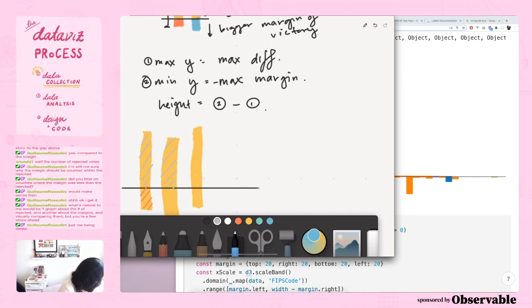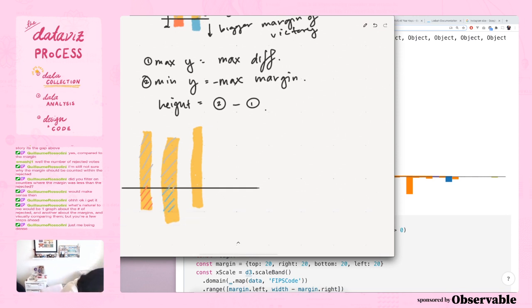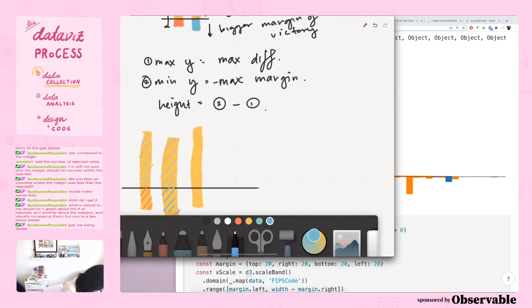Let's say that we made each of these, so basically, yeah, this whole thing is the rejected ballots.